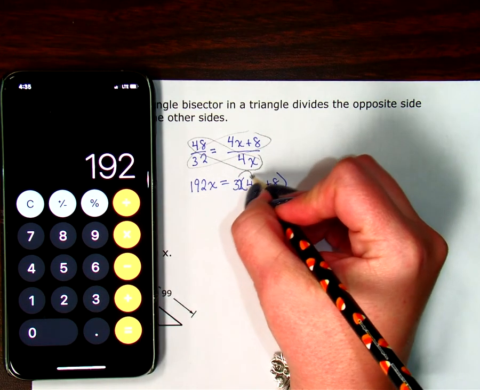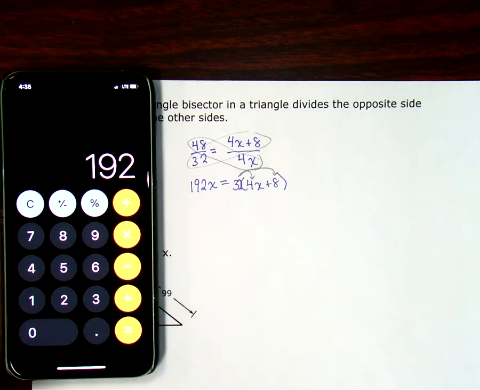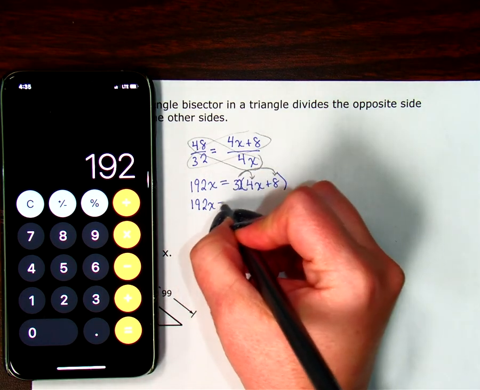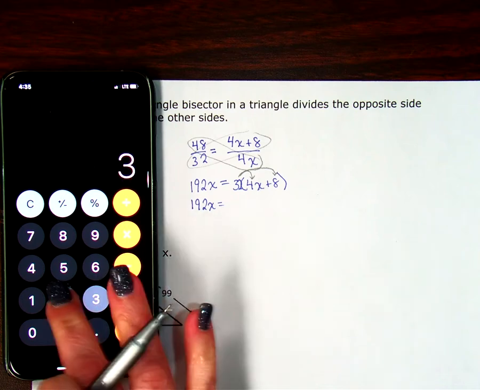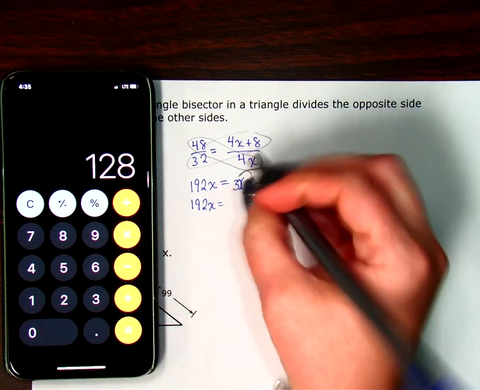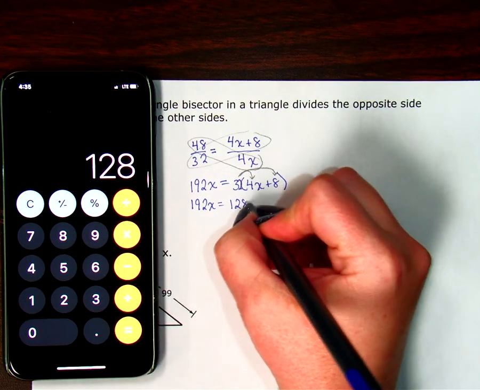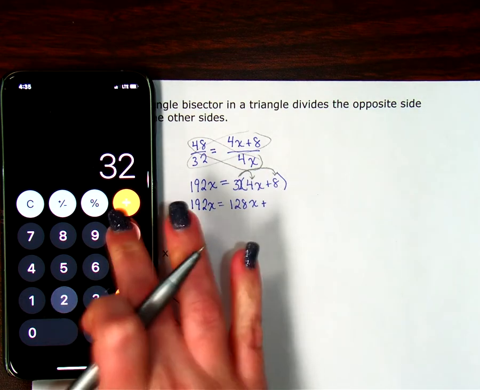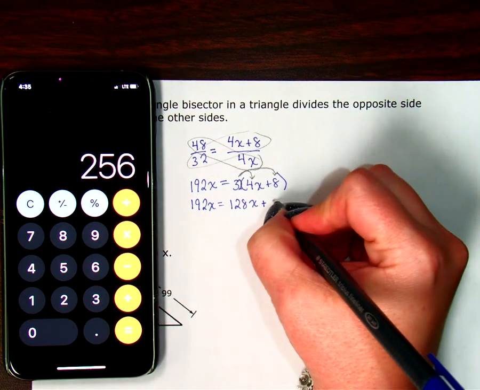Distribute that 32 here and here, and I have 192x equals 32 times 4 is 128x, and then 32 times 8 is 256.